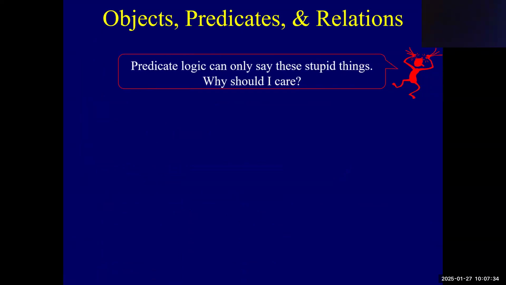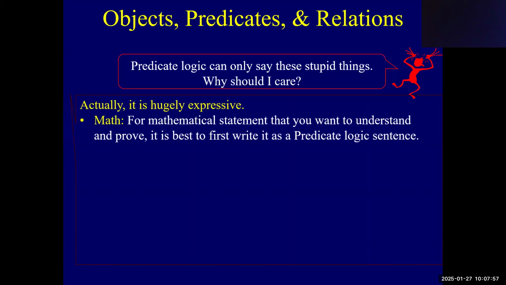So this is just here to motivate this. Well, I kind of motivated it already, talking about fathers and daughters, right? If I was just writing Forall and exist, you might think it was dumb, right? But let's talk about the sort of things that we can say.